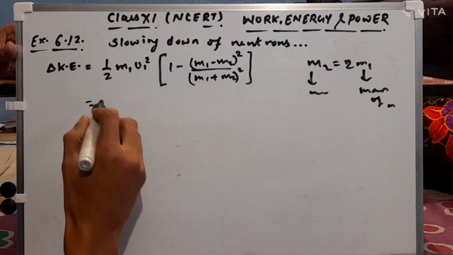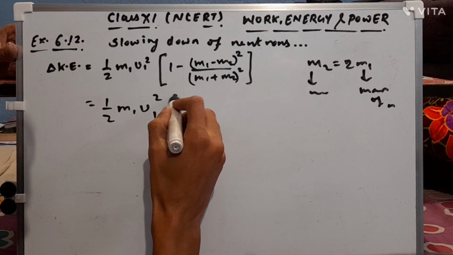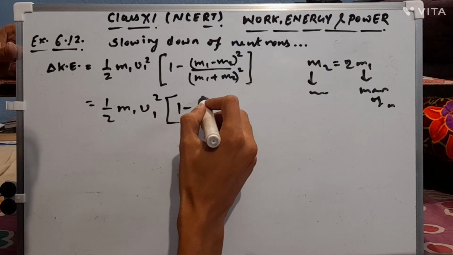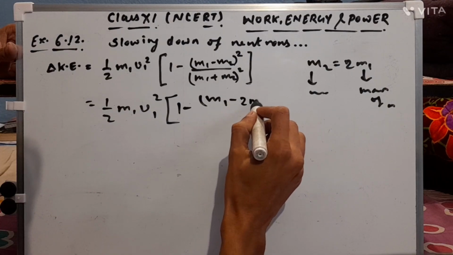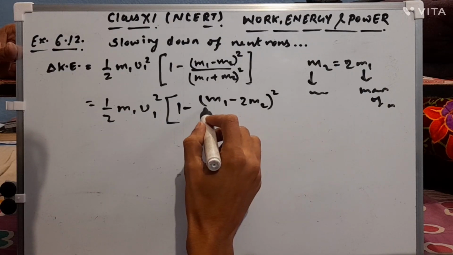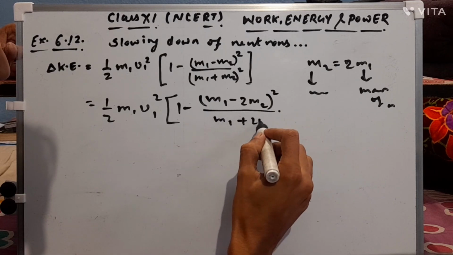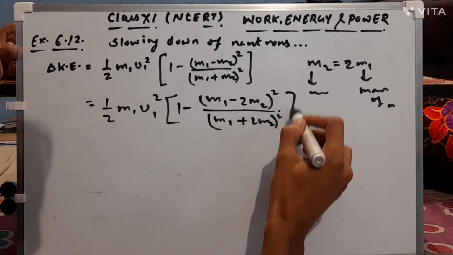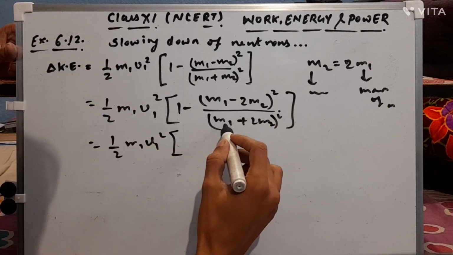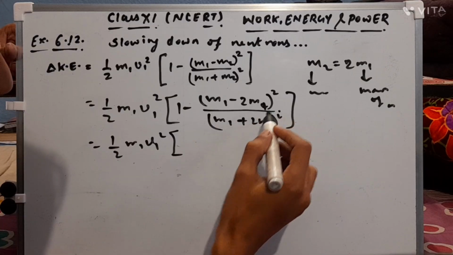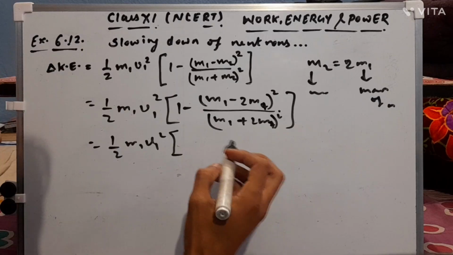So we'll just do it. Half m1 v1 square, then 1 minus m1 minus 2m1 whole square, then here it is m1 plus 2m1 whole square. This would give us m1 plus 2m1, which would be 3m1 whole square, which is equal to 9m1 square.